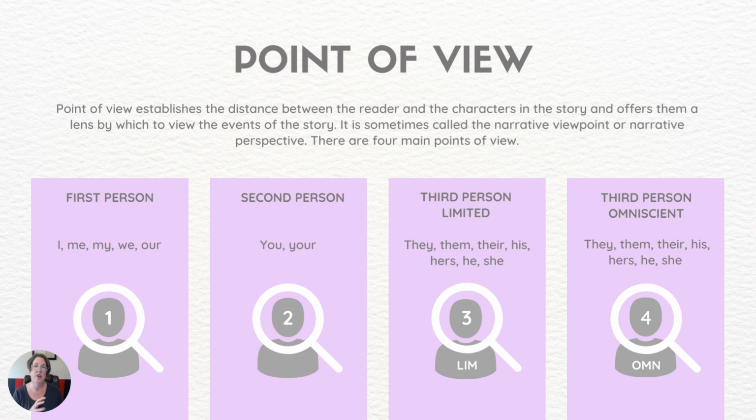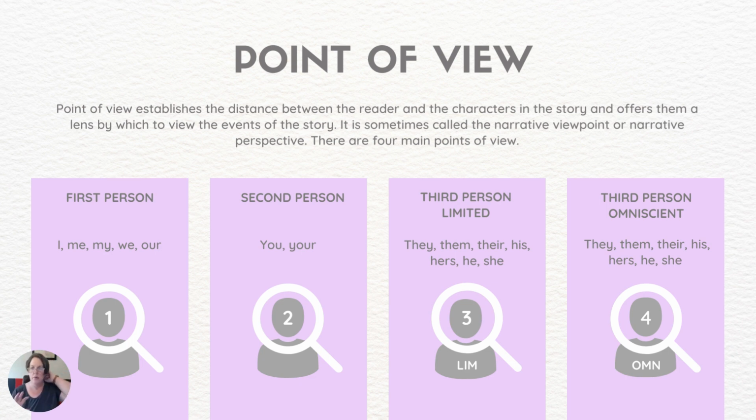Second person, you might have to come in and use second person, especially if you want to write about the thoughts of some other character who is in your story, or what they may have said. So you'll use no, not second person, I'm sorry. You'll use third person. Second person, we won't be using. It's kind of unusual to use second person, but third person, yes. They, them, their, his, hers, he, she.